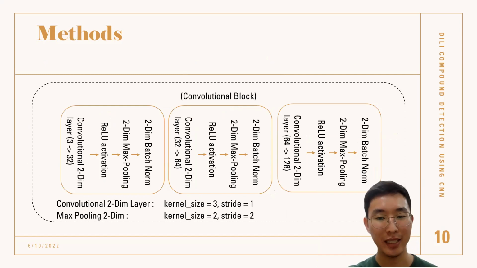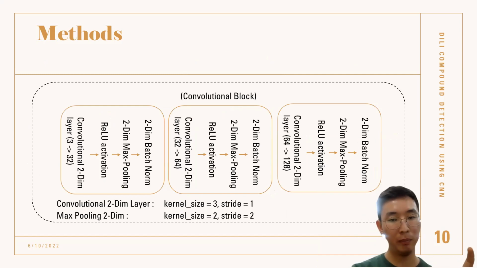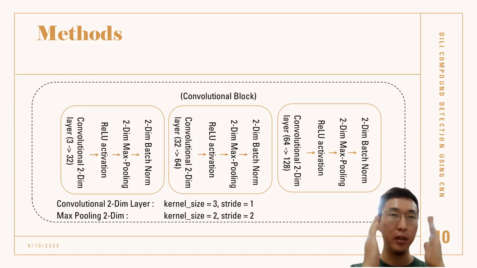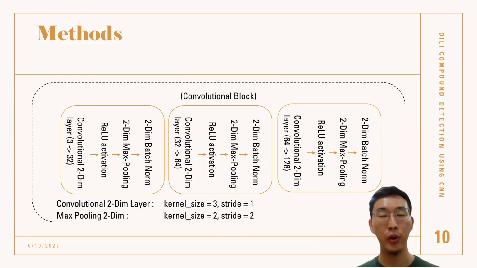Going deeper into what exactly my convolutional block was, I used the convolutional layer and a ReLU activation function to remove the negatives of the convolutional block output. I used max pooling to reduce the dimensionality. So first, the image would have 120 by 120 pixels.